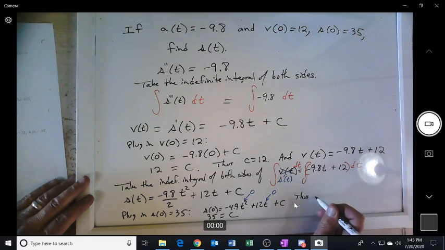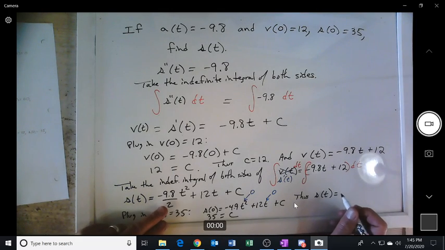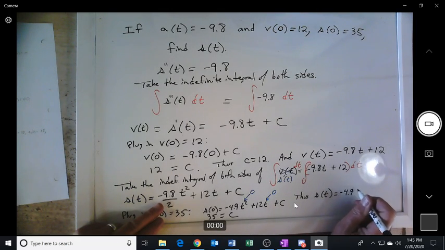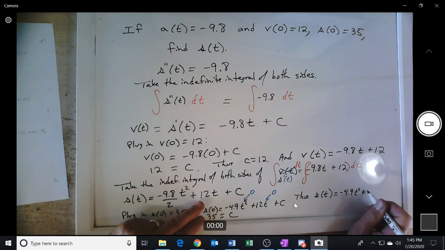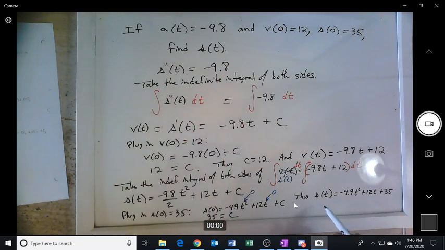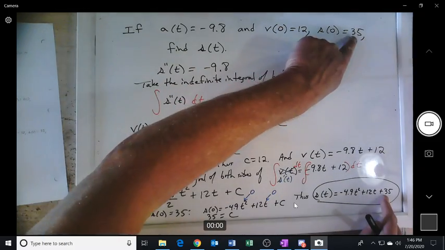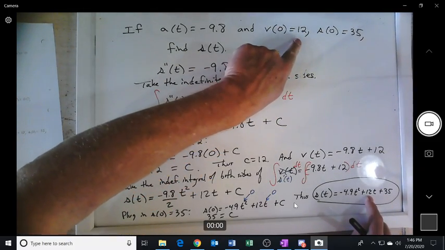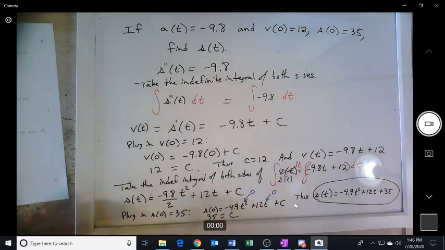Thus, S of t is this equation, negative 4.9 t squared plus 12t plus 35. And we've got it. It said find S of t. It had to have original height of 35, original velocity of 12, and we just worked up the chain with antiderivatives to get all this.